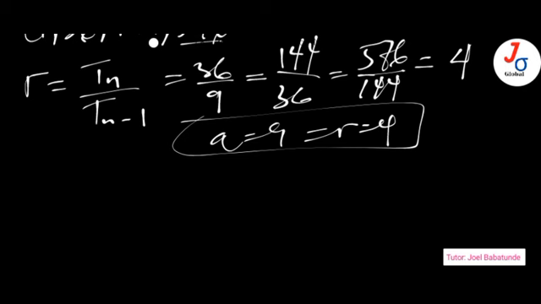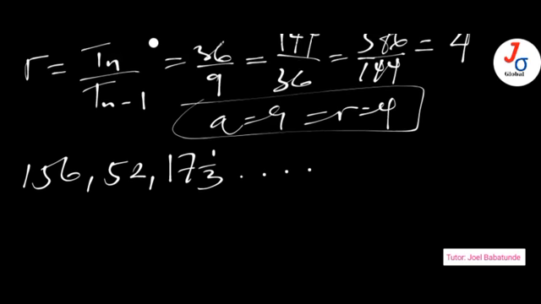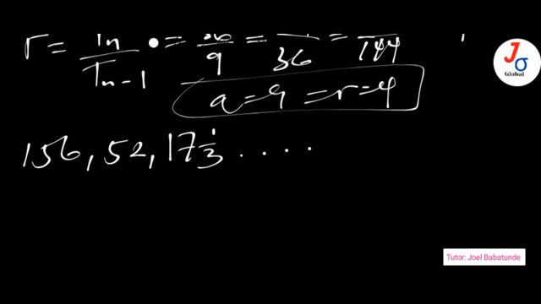Let's take another example. Let's say 156, 52, 17 1/3, and so on. What's the common ratio? Of course, that will be 52 divided by 156.